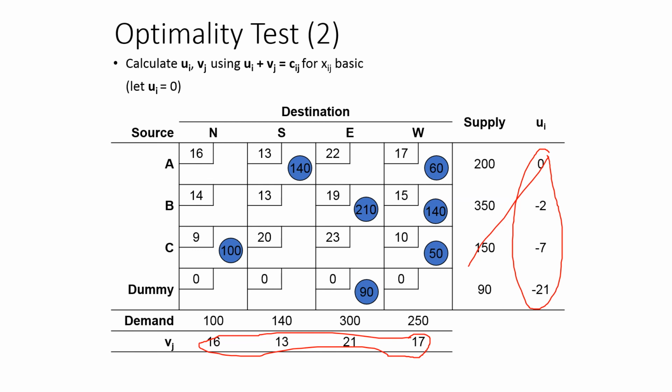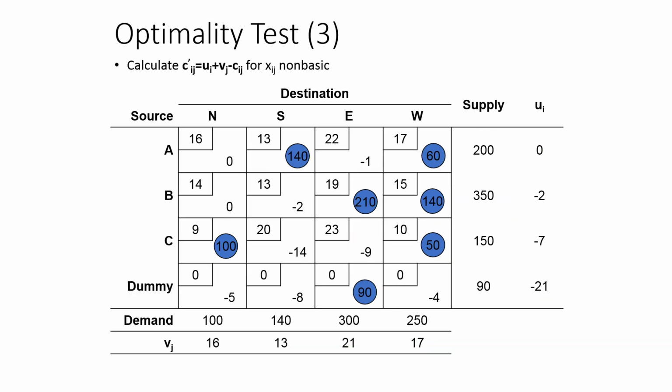Now once I have all the ui's and the vj's, I'm ready to calculate the c prime ij, which is a number I calculate for the non-basic variables, all these empty cells. So for all these non-basic variables, the value of c prime ij equal ui plus vj minus cij. So for the first c prime ij here, 0 is calculated from ui 0 plus vj 16 minus cij 16 is 0.